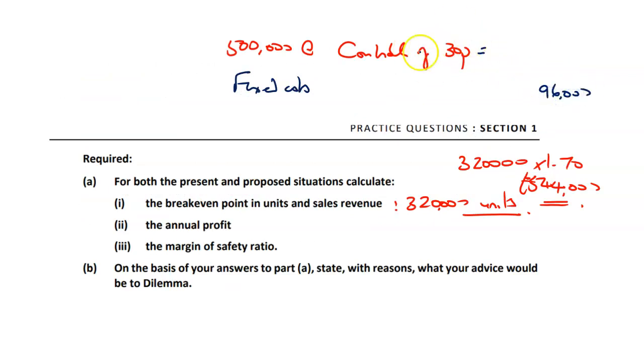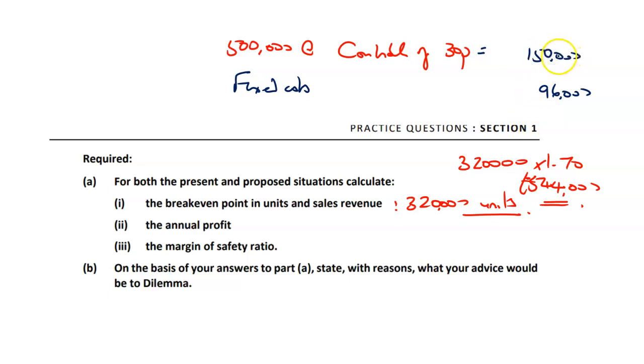And they're making 30p on every unit. So multiply that by the 500,000 units. It's 500,000 times the 30p gives you 150,000.